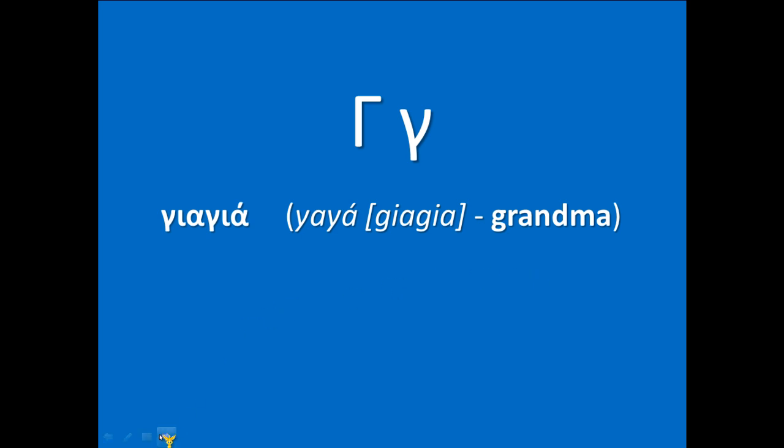It is pronounced yaya like this. Somebody would have written it like this, but it's not yaya. It is ya ya, with the intonation of the second ya over here.